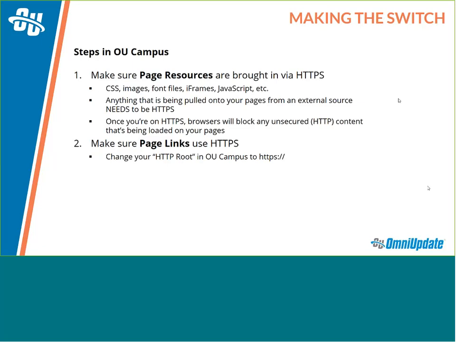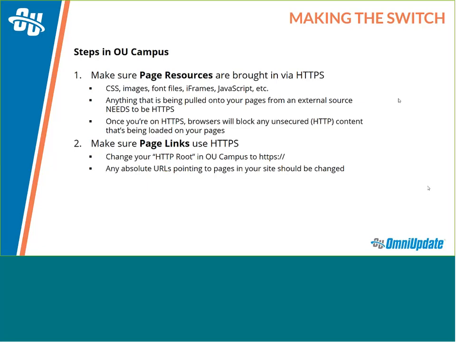You're going to go into the site setup in OU Campus and change your HTTP route to just have the S in front of HTTP, and that will essentially repair all of your links inside of Dependency Manager. So anything that's managed by Dependency Manager is fairly quick there.